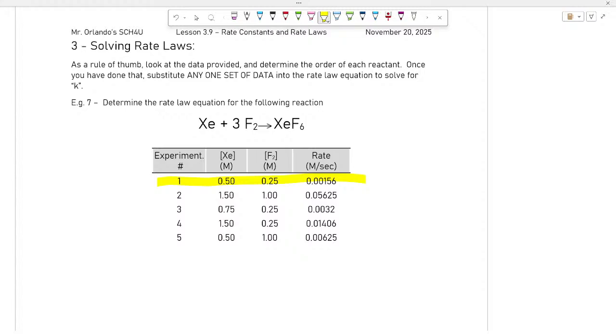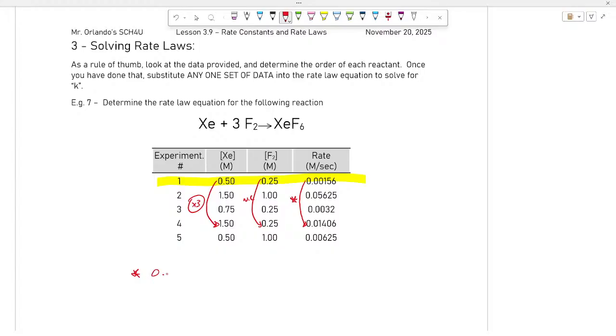Reaction 4. Okay, in reaction 4, we've changed this, right? But we've left this the same, right? No change there. What did we multiply this by? Okay, that's a bit more annoying to work with, but that's okay. Then our question would be, what did this change by? And I'm going to put a little asterisk here because there's not a lot of room. How could we figure that out? Divide.